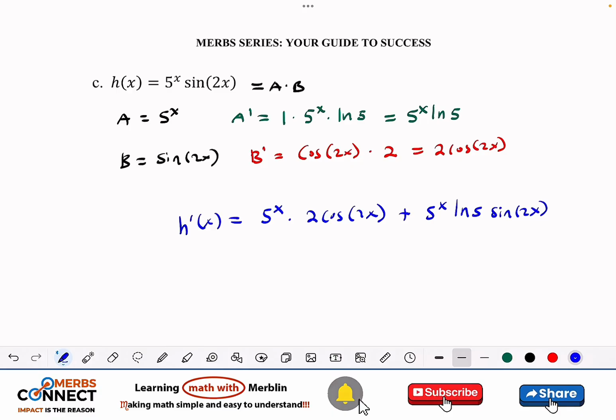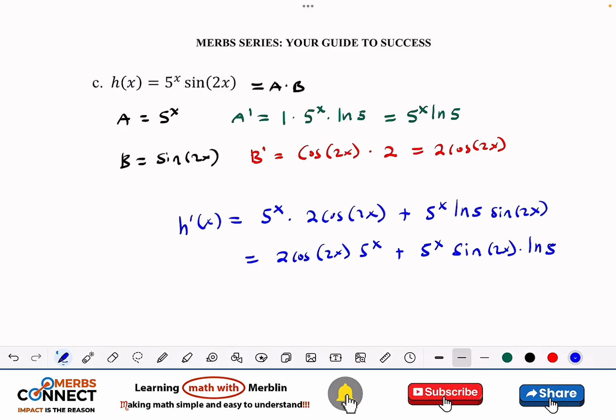So if I want to write this one nicely, I'm going to have something like 2 cos 2x 5 to the power x plus 5 to the power x ln 5. So let me just write the ln 5 last, then sin 2x ln 5. So this is kind of very nice to write.